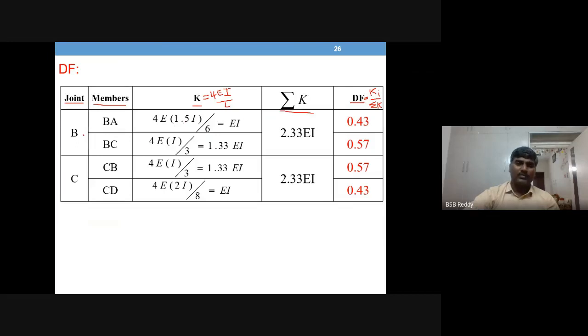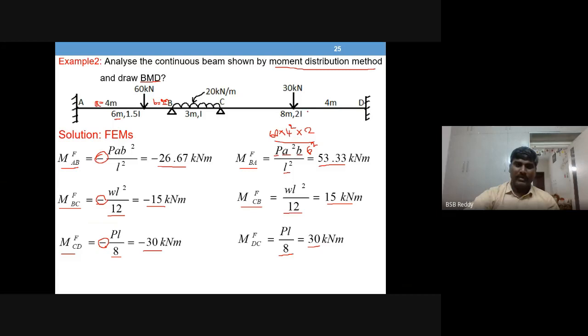Now if you see the diagram of the given continuous beam, there are two joints, joint B and joint C. A is not a joint, D is not a joint.